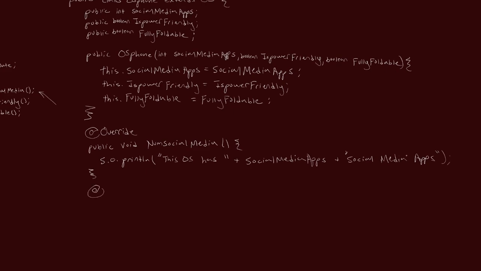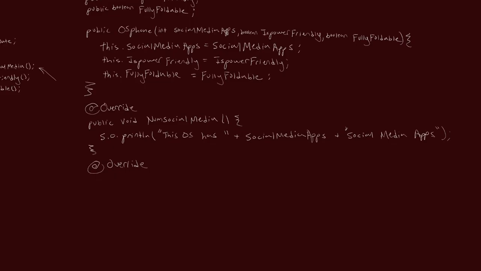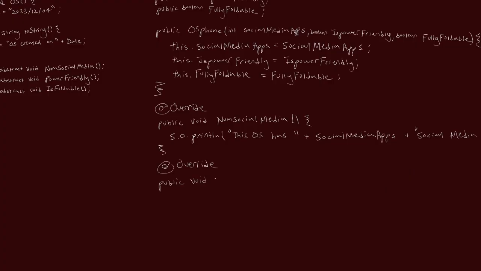Then we'll do another override, and we'll do public void powerFriendly. So we're doing the next abstract one.